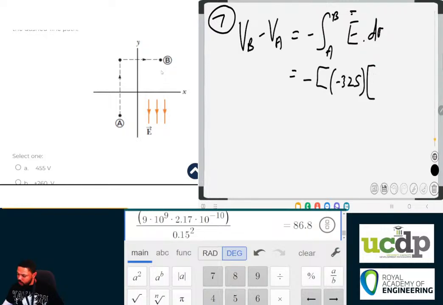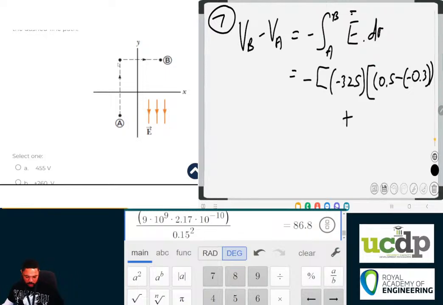The difference in the distances is 0.5 minus 0.3. Remember, it's 0.5 where point B is, minus 0.3. That's the first distance. And to that, you add the second distance.